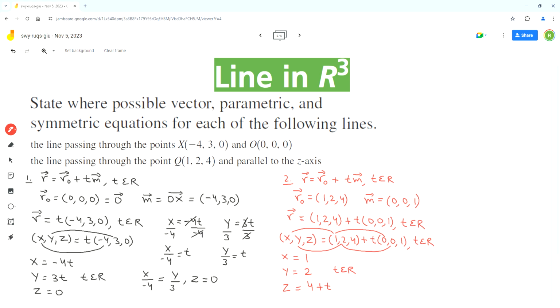Now we can write the symmetric equation. For this line, the direction vector is 0, 0, 1. Two components of this vector are equal to 0. That means we cannot write a symmetric equation for this line. So we can explain our answer as follows.